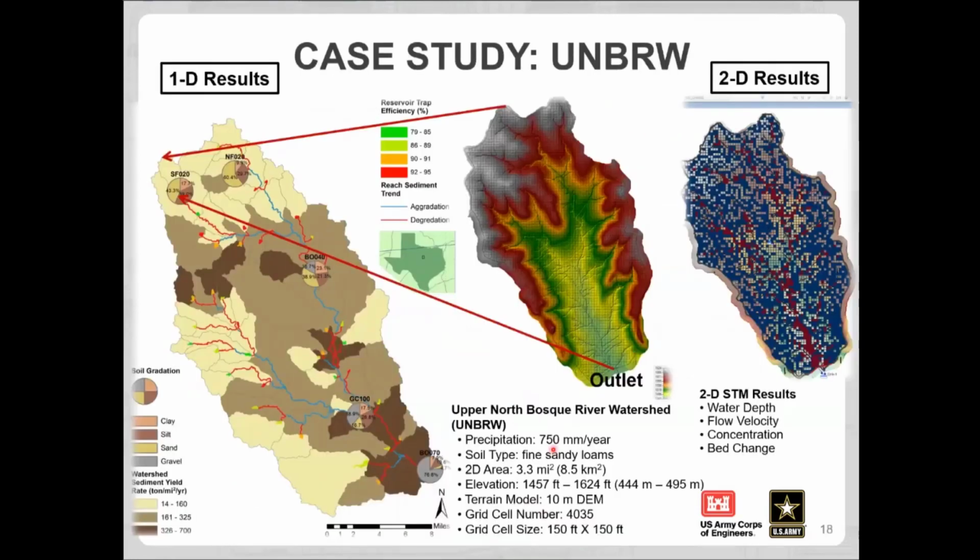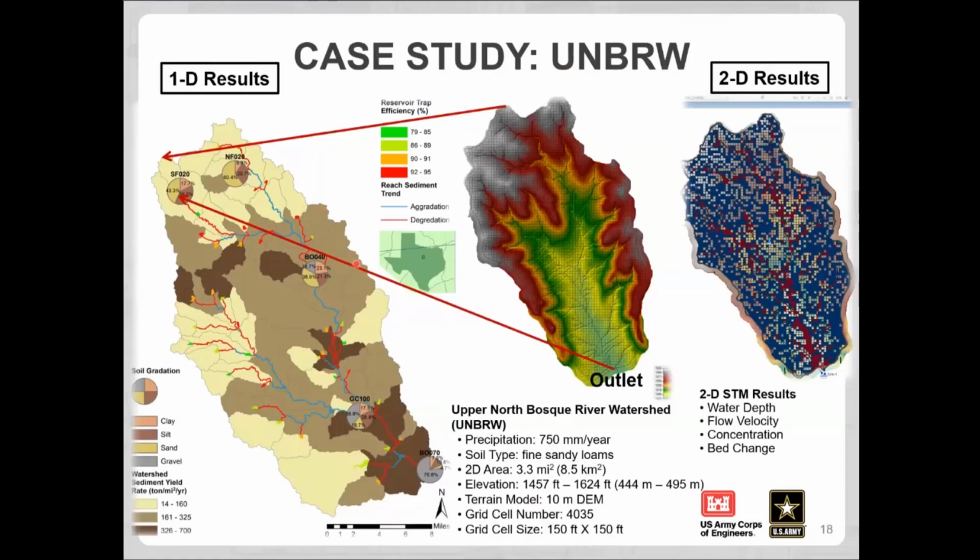Okay, I want to bring my case study. This case study is located in central Texas. We call it the Upper North Bosque River watershed. This area has an annual precipitation of about 750 and the soil type is fine sandy loam. This is my published paper result with the HEC-HMS lumped sediment model.